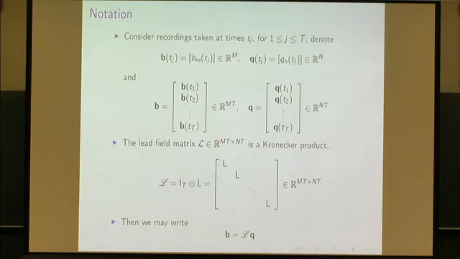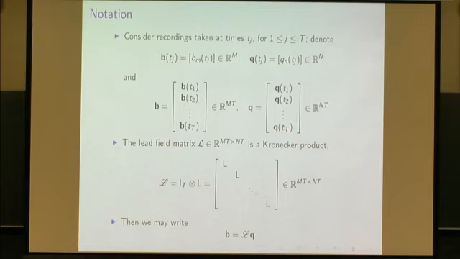So we have these b's, and I take at each time slice a vector of size m, and then I stack them into one vector. Now I have my data, which is of size mt, where m is typically 300, and t is as many time slices as you want to include in your data. And then here is the unknown: the activity is also changing in time.